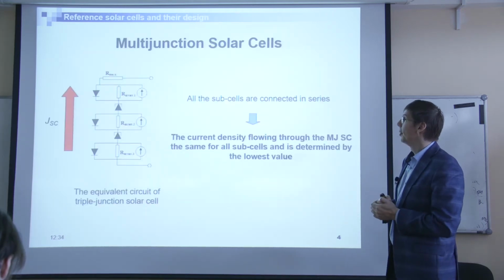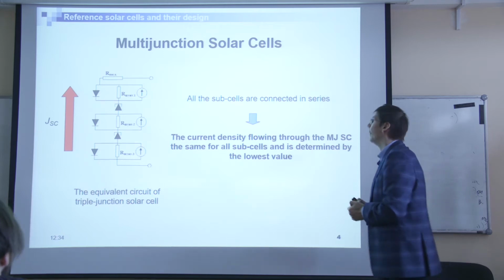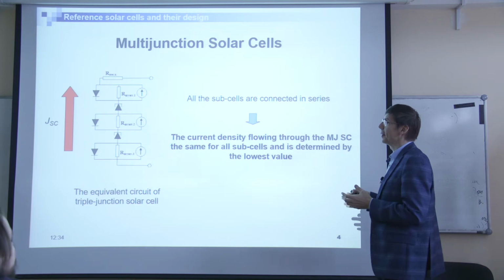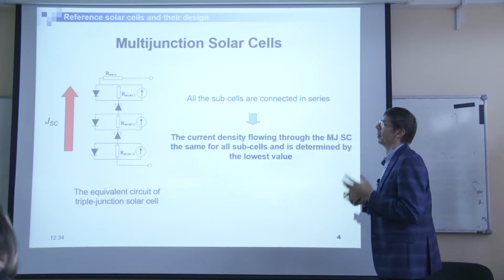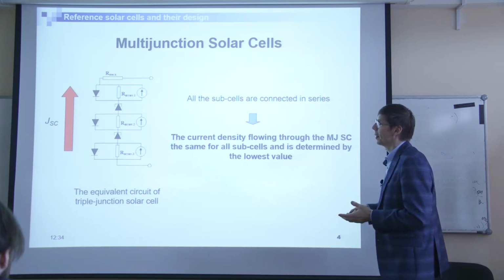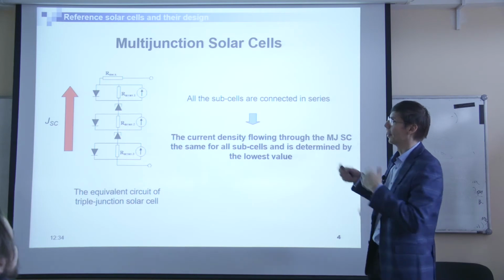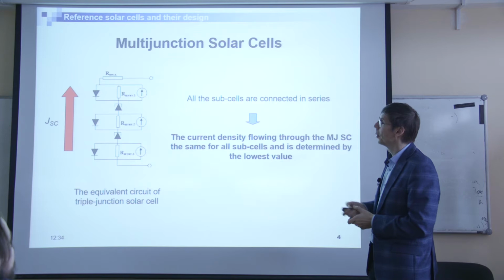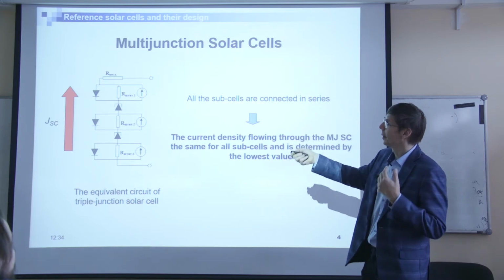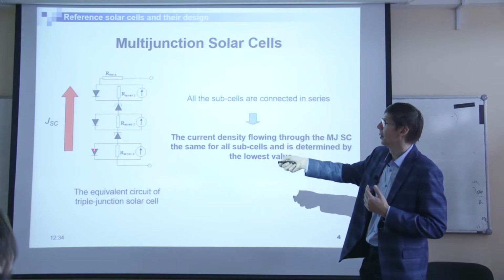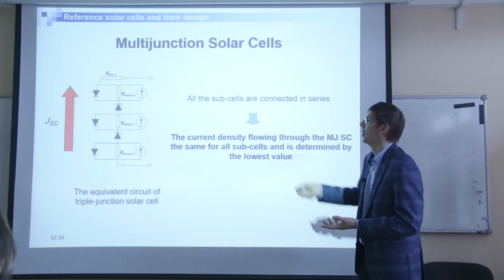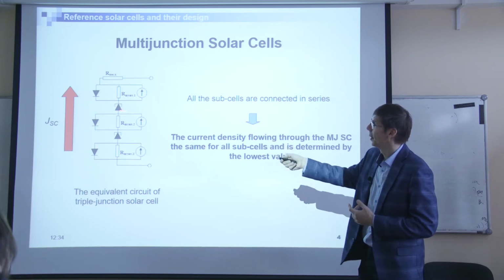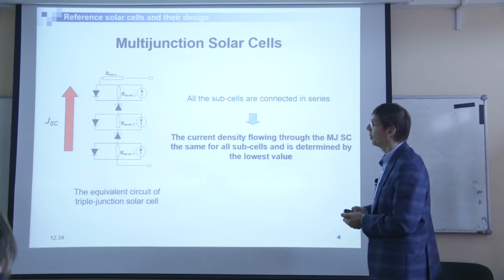But if you have multi-junction solar cells, the things are more interesting. The main reason is that if you try to present some equivalent circuit, you can consider, for example, for triple junction solar cell, 3 solar cells which are connected via tunnel junction.